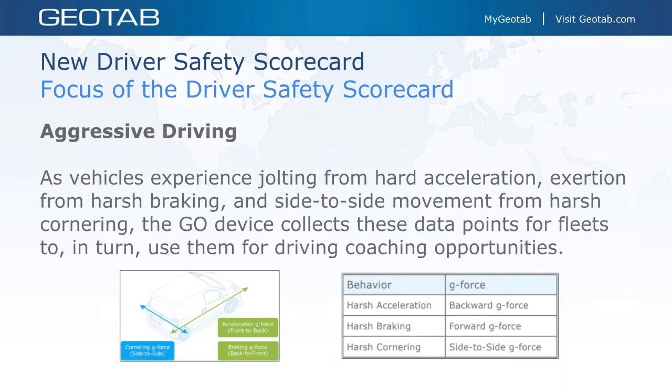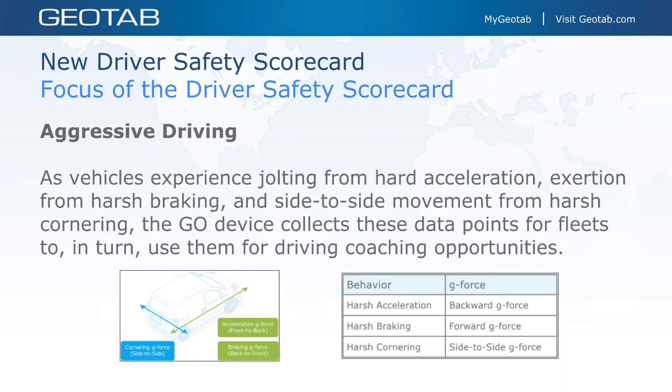We're looking at side to side, up and down, and forward and back. For harsh acceleration, we're looking at backward g-force, harsh braking is forward g-force, and harsh cornering is side-to-side g-force.